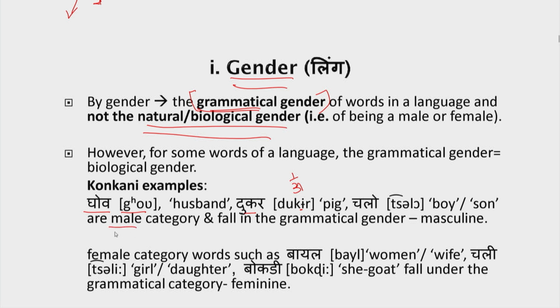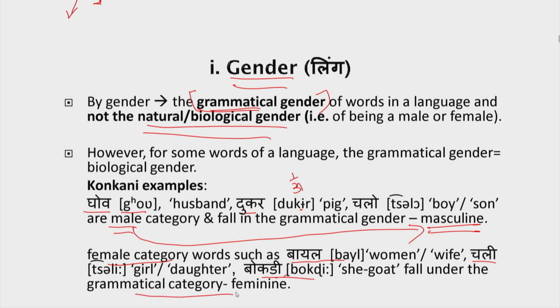These are all males, and the grammatical gender is also masculine, which represents male. Similarly, in the female category, we have words such as bail, woman or wife, chali, girl or daughter, bokdi, she goat.